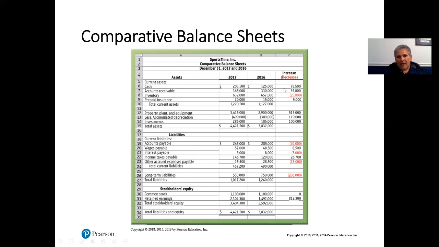As an example, cash went up by $78,500. Accounts receivable went up by $35,000, but inventory actually decreased by $25,000. We're going to note that here. We're going to do that for every account, and we're going to be using that information for the statement of cash flows.